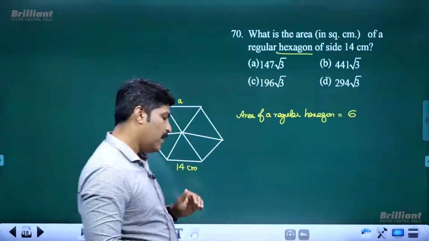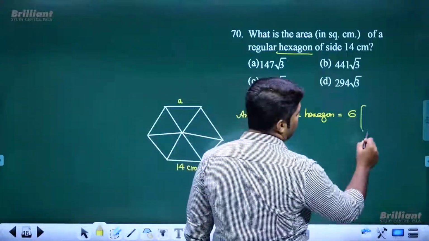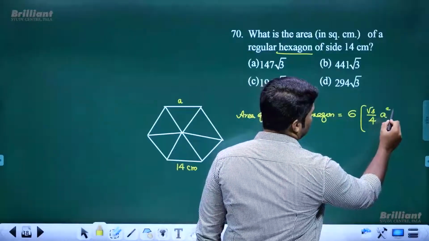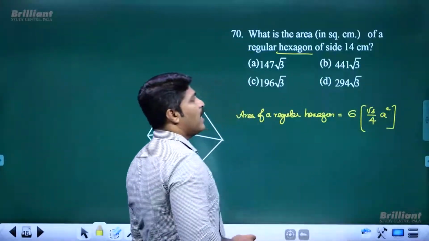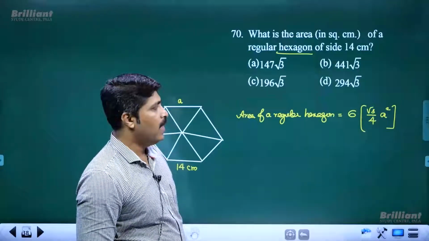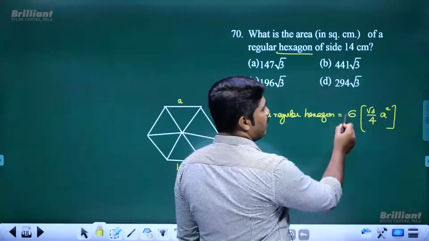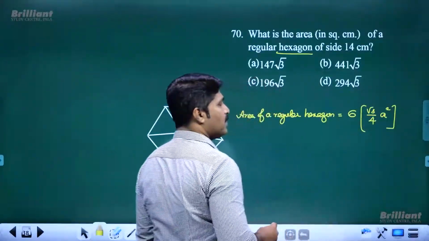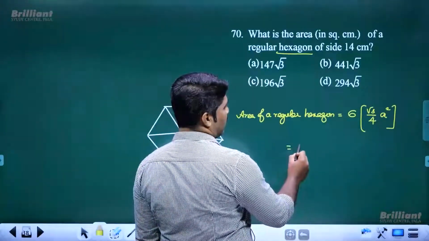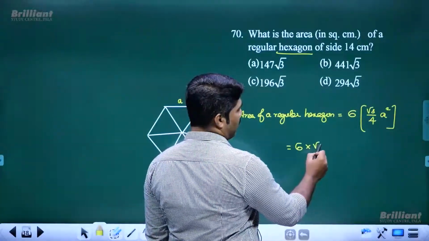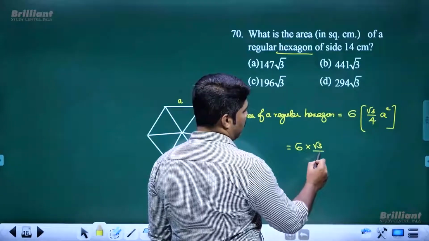You just recall, the area of an equilateral triangle is root 3 by 4 a square. Here we can simplify it. Whenever we are doing this type of operation, we directly put it here: 6 into root 3 by 4.